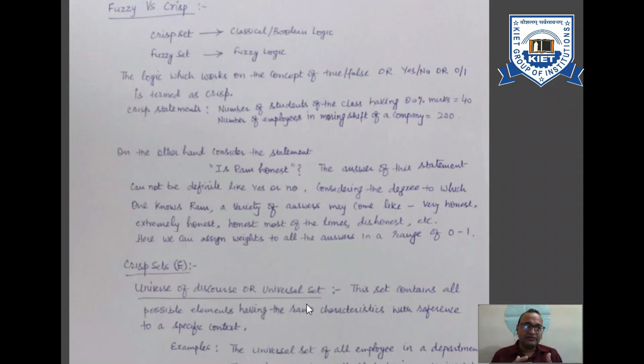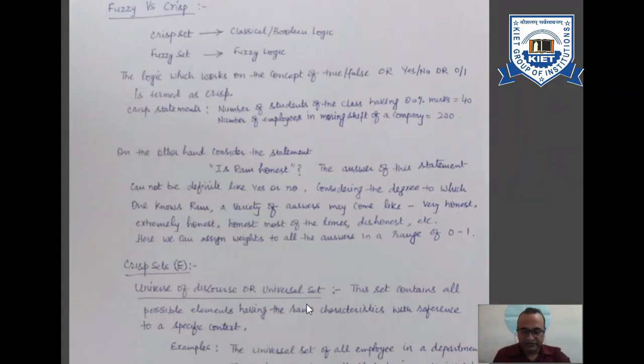There is some kind of association of an element with the fuzzy set, and this association is done with the help of the membership value. So here comes a very important thing: each and every element in the fuzzy set has some membership value. We will discuss it later in more detail.